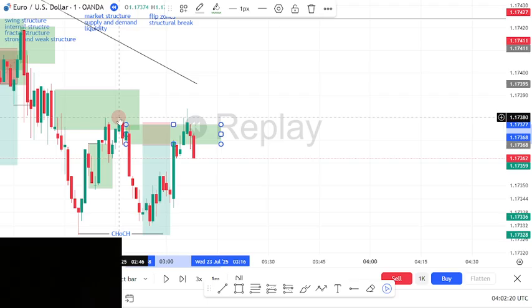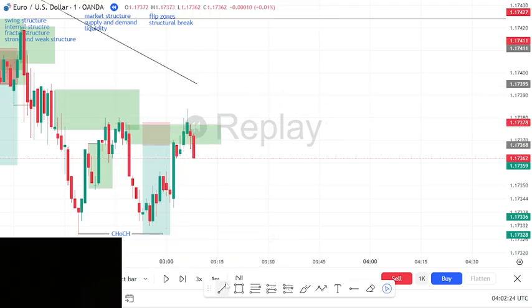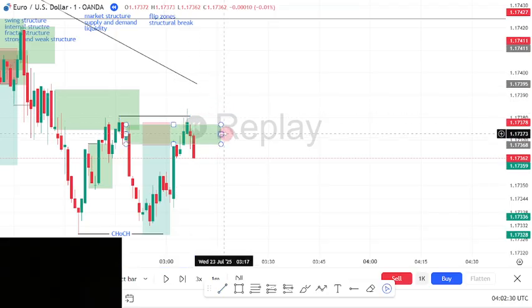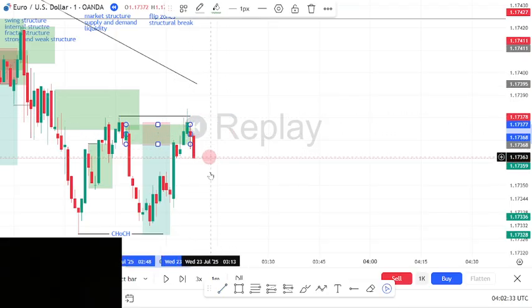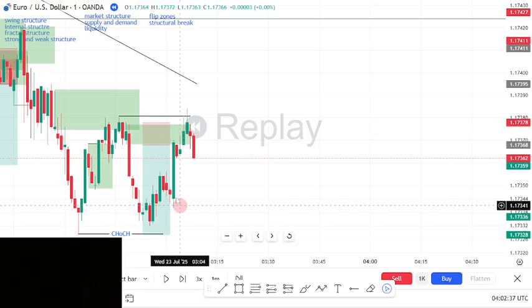Price mitigated this zone. They used me as liquidity. We swept the zone, and now we are getting in on this move. Demand is starting to fill.